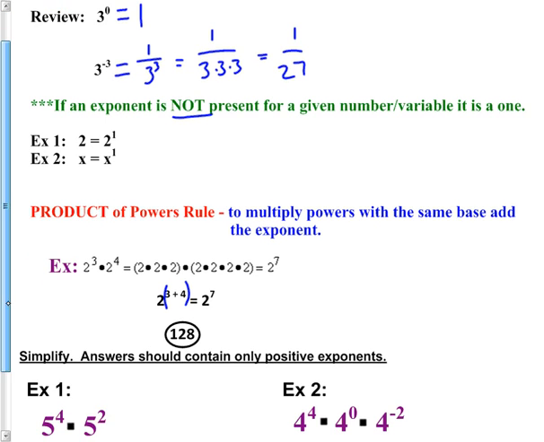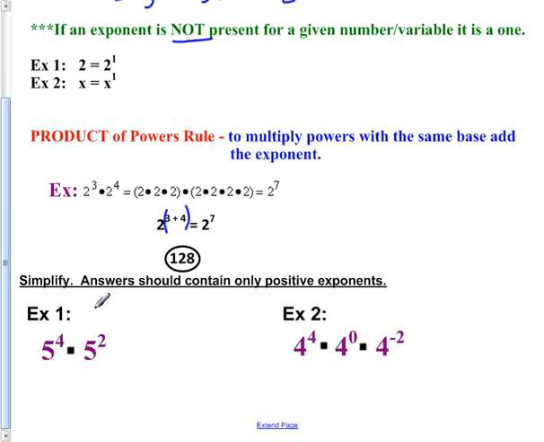And if we were to continue here with a couple examples, here 5 is our common base. So we're going to go 5 to the 4 plus 2 power, and that'll give us 5 to the 6th power, and that's our final answer.